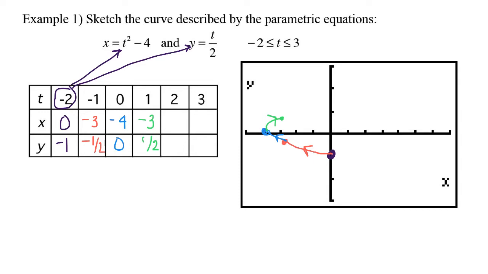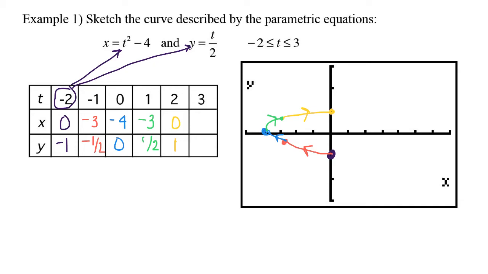So for 2, when I plug in 2, I get 0. And if I plug in 2 over on the y part, I get 1. So at 0, 1, I have another point. And so I'm going to extend on over here. And again, drawing in my arrows to trace off our direction.